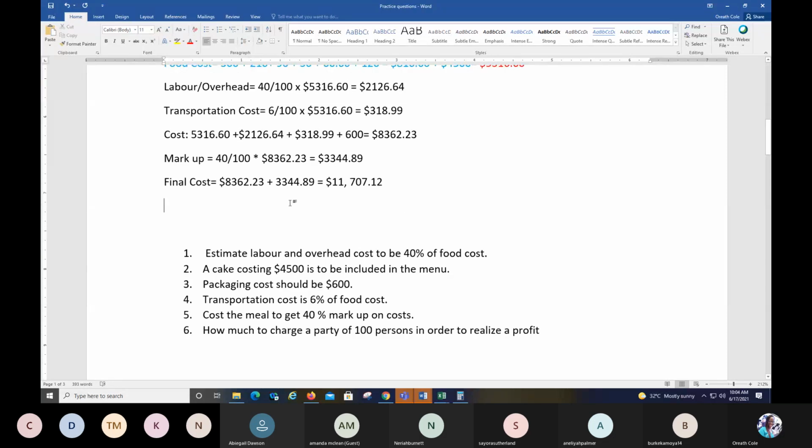Hold on, let me write this. The final cost is 11,707.12, and we divide this by how much? 40.